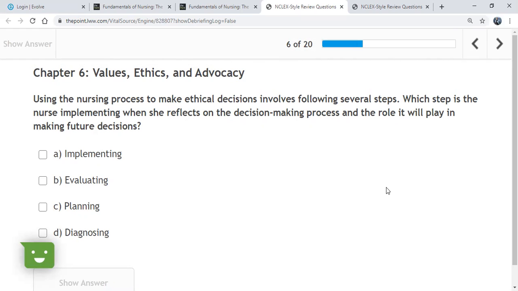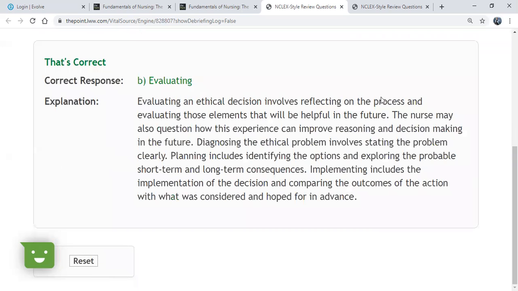E. So how will the decision-making affect my future? Or my patient's future, really? E. All right, planning includes identifying options, exploring short-term and long-term consequences.